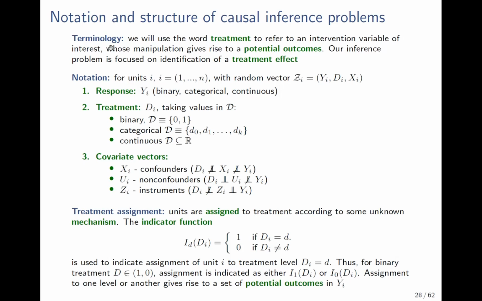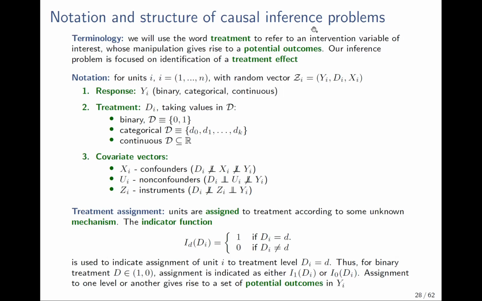As I said, causal inference is focusing on interventions, and we're going to use the word treatment to refer to an intervention variable of interest. So the intervention or treatment is regarded as a random variable. In other words, you could be treated or untreated, you could be treated at one level or some other level. So treatment is a random variable.